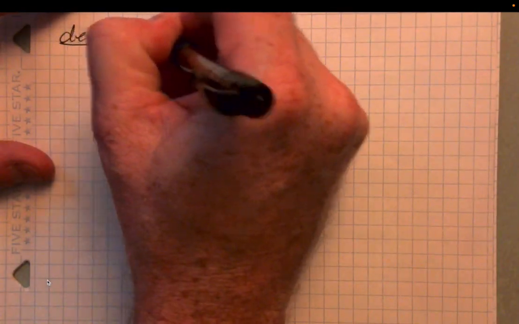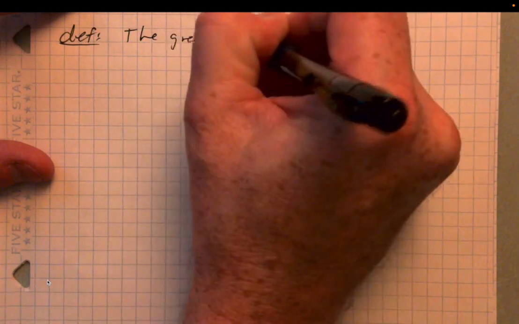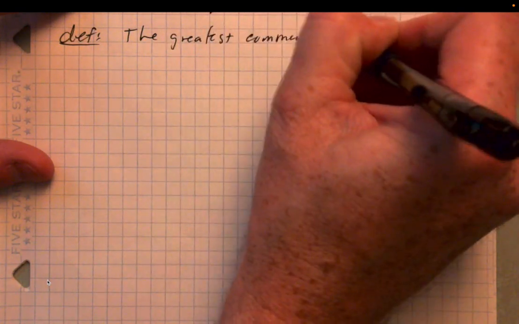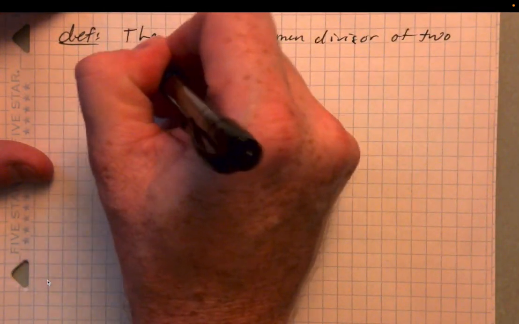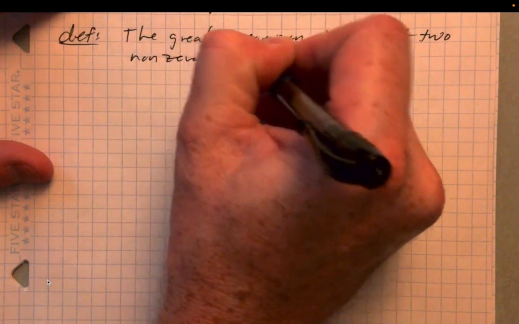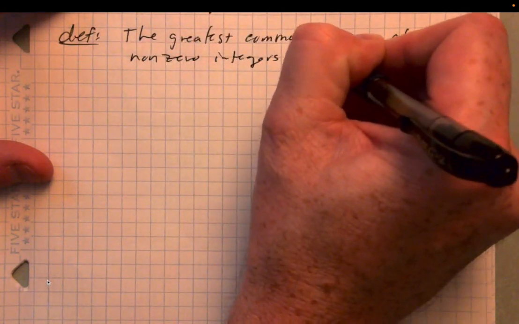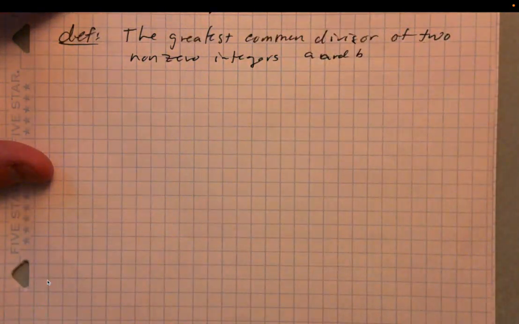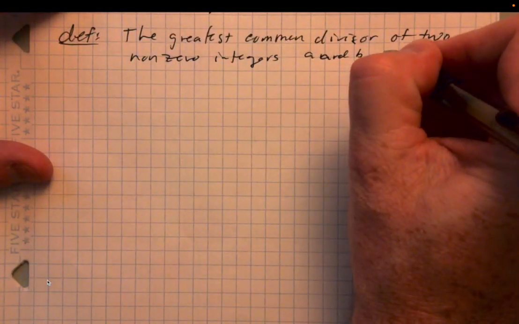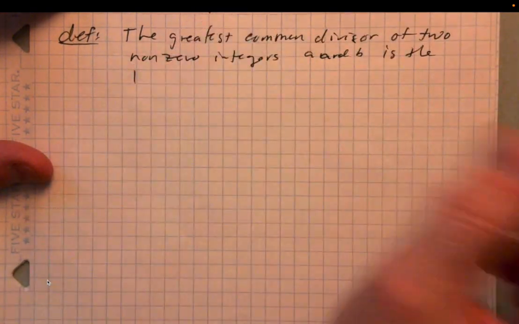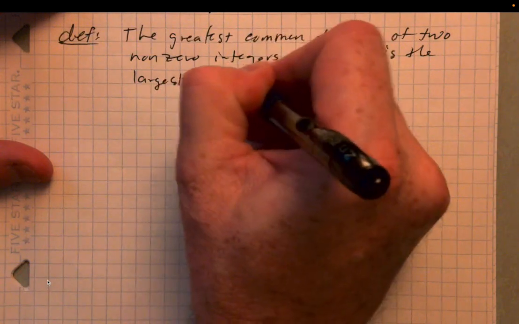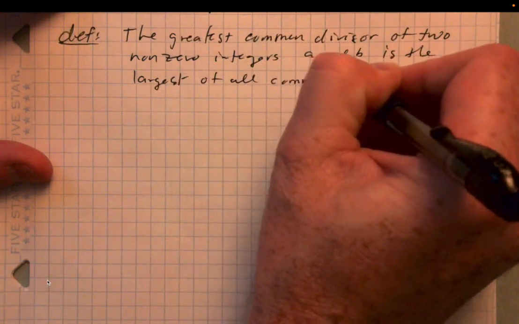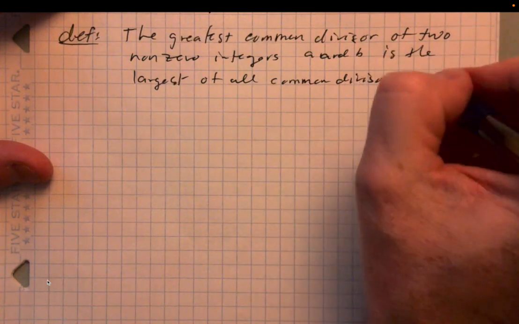So the greatest common divisor of two non-zero integers, a and b, is the largest, and this is kind of self-explanatory, of all common divisors of a and b, right?